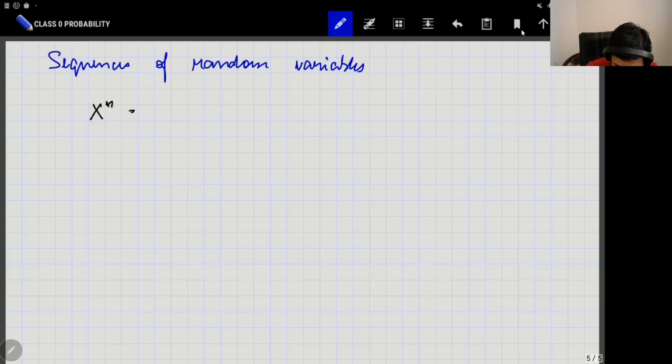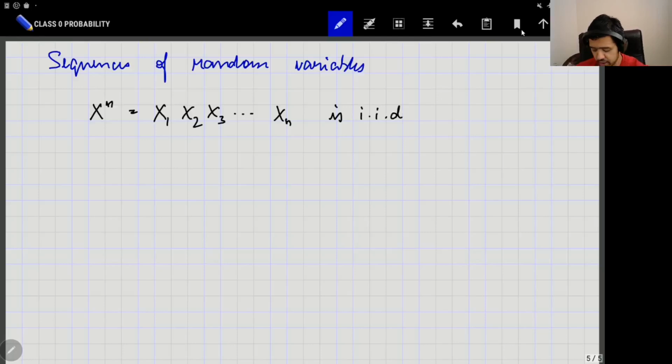So X^n denotes the sequence X1, X2, X3 up to Xn, right? So we say that a sequence of random variables X1, X2, X3 up to Xn is independent and identically distributed. So independent and identically distributed will be abbreviated to IID.